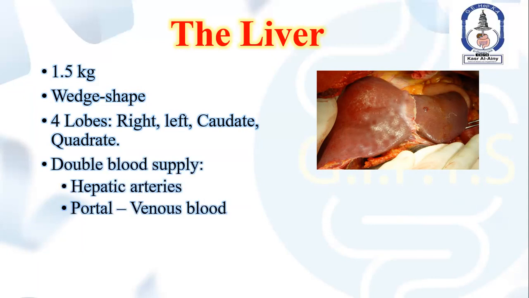The liver is one of the organs that has a very rich blood supply. In fact, we say that it has a double blood supply. And unlike other organs, the main blood supply does not come from the artery that carries its name. It's not from the hepatic artery. The hepatic artery supplies the liver with only 15 to 25%, averagely 20%, of the total blood supply, and it also varies between persons.